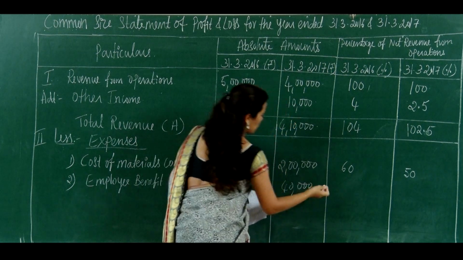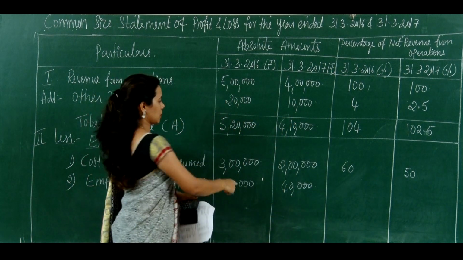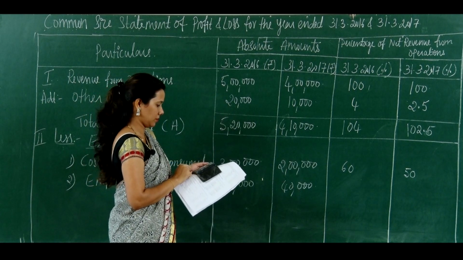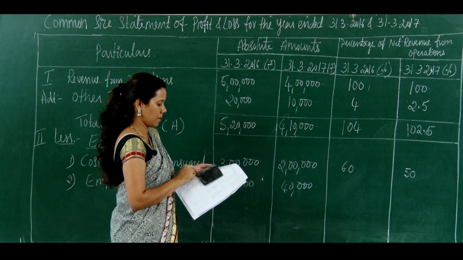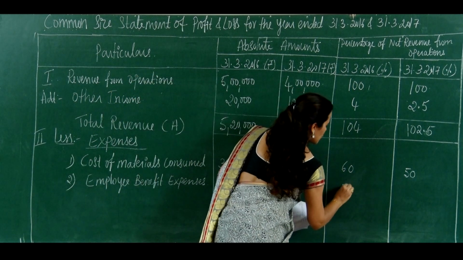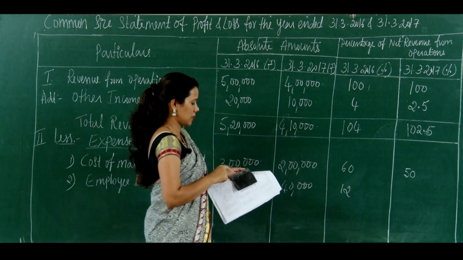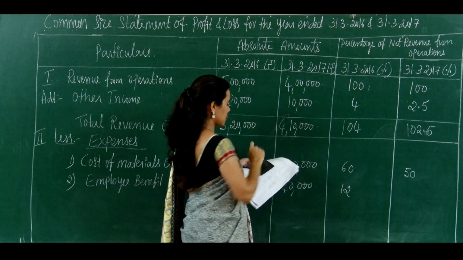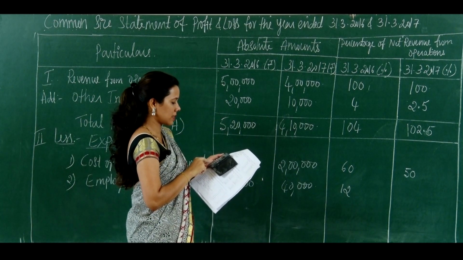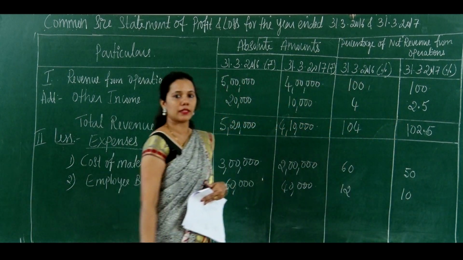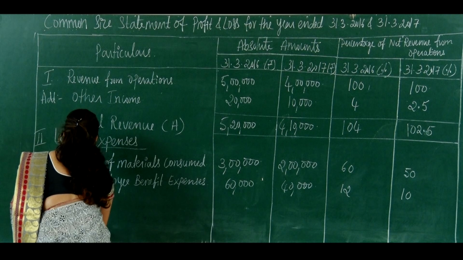Similarly, convert this into percentage, that is 60,000 divided by 5 lakhs into 100. So, 12%, and another one is 40,000 divided by 2017's base 4 lakhs into 100. So, 10%. So, 12% and 10%.